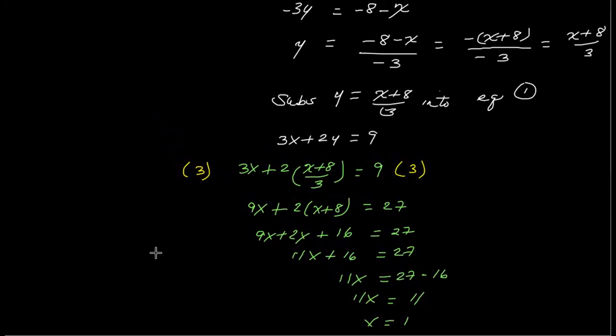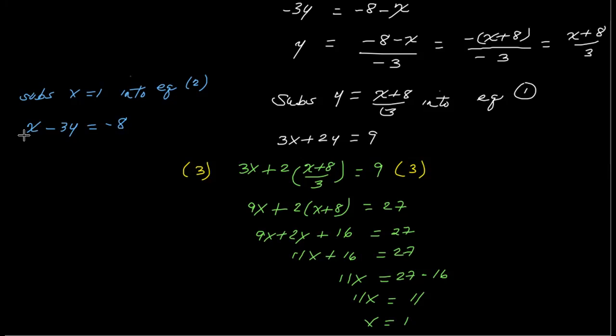All right. And what we're going to do now is we're going to substitute x is equal to 1 into equation 2. We're going to write out equation 2 in its original form, which is x minus 3y is equal to minus 8.